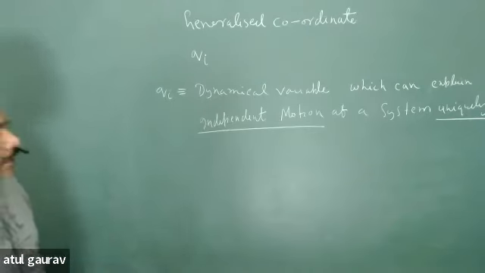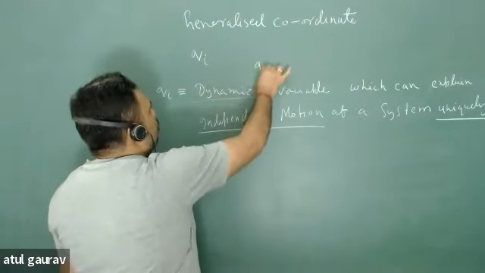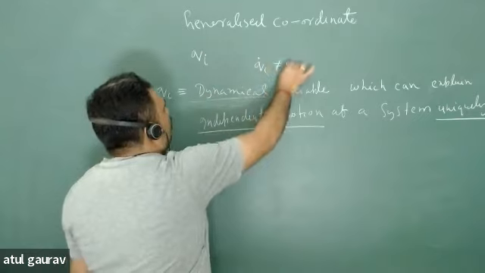And please mind it is always a dynamical variable, that means qi dot is not equal to 0.